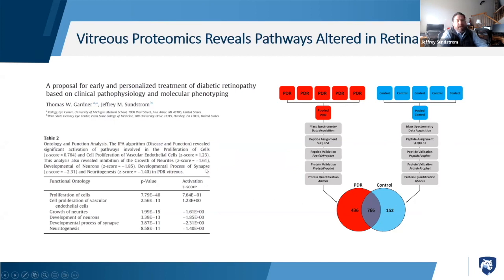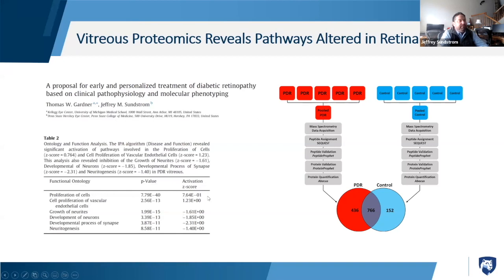And then we ran the pathway analysis through IPA, which supported and confirmed our hypothesis that just by looking at vitreous, you can see that proliferation of cells was enriched. And this Z-score here means that the pathway is activated if it's positive and inhibited if it's negative.